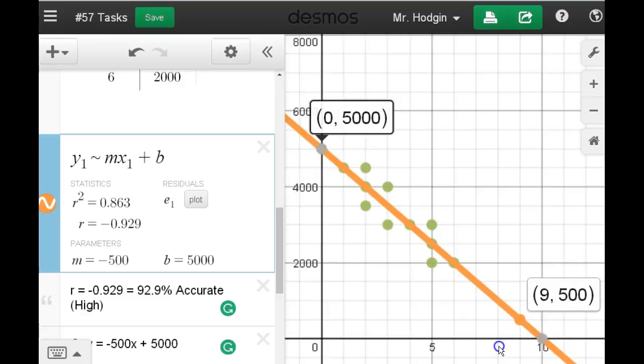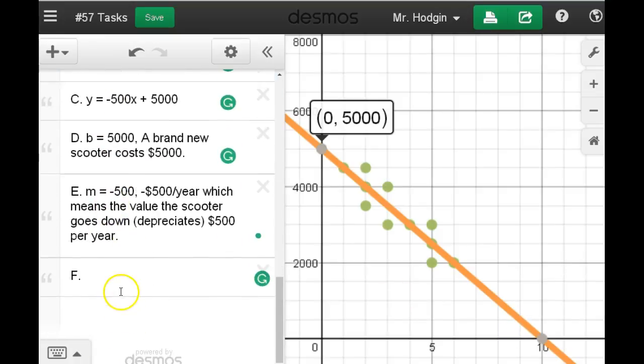And you can see, 9 years old, it'll only be worth $500. So based upon what we already know for 5 or 6 years, I can predict all the way up to 9 years that if it keeps going this way, it's only going to be worth 500.